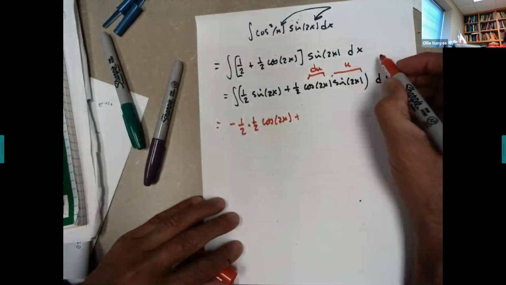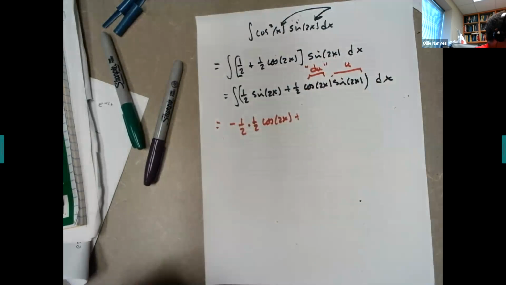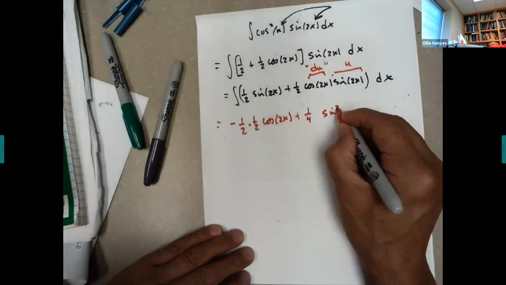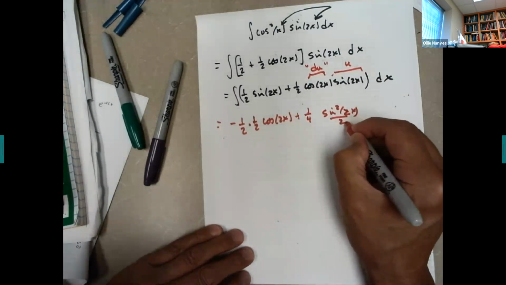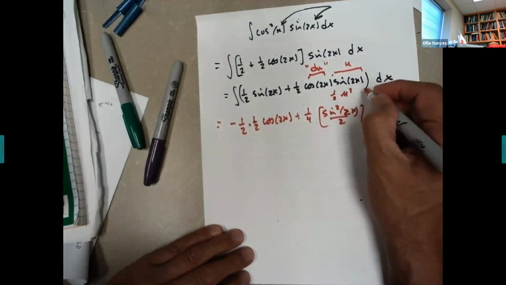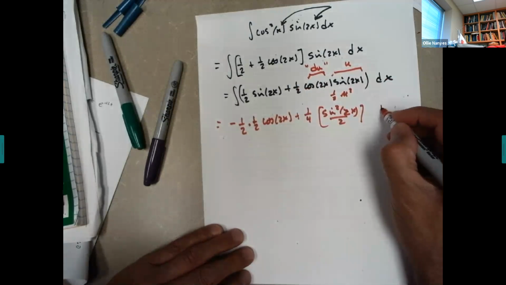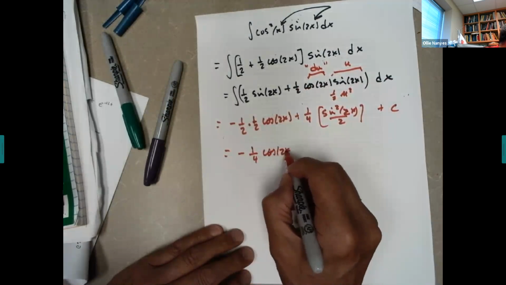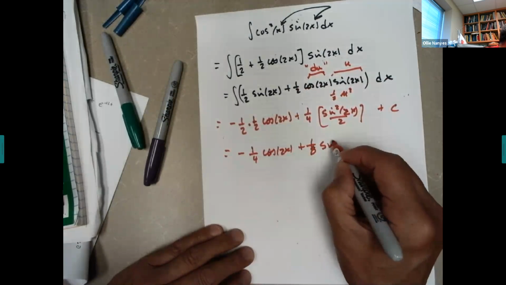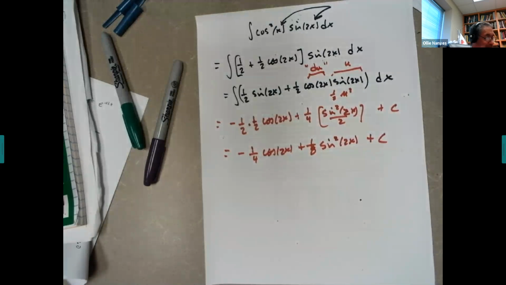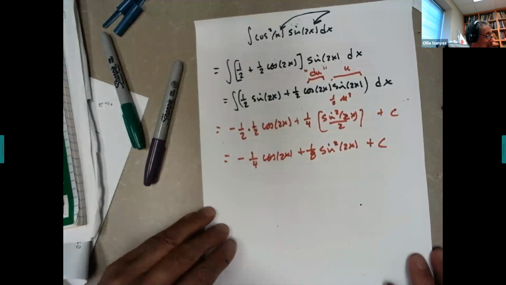Now, of course, du almost, because the real du is going to be 2 cosine 2x, so this works out to be 1/4 sine squared 2x over 2, because this is really a u squared, 1/2 du, and then you have another half. So this works out to be minus 1/4 plus 1/8 and plus c. Okay? That didn't turn out to be too bad, did it?